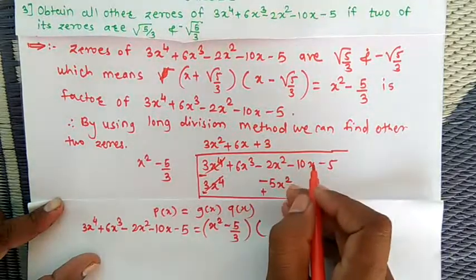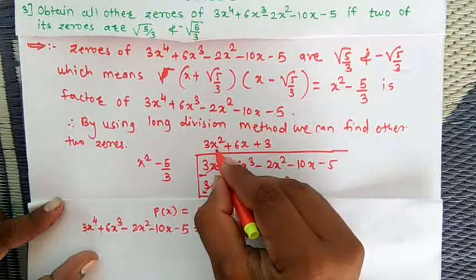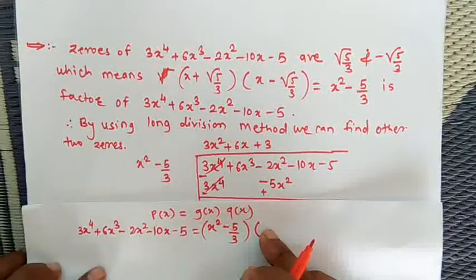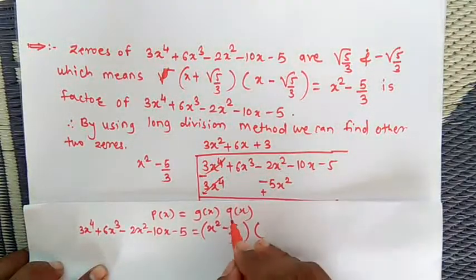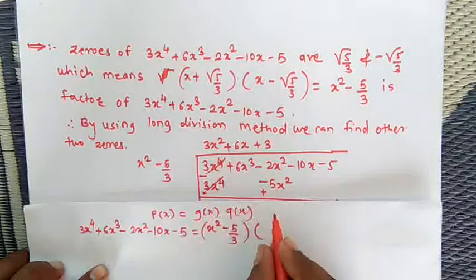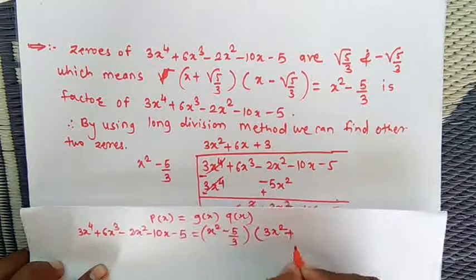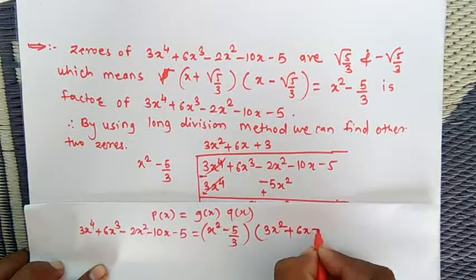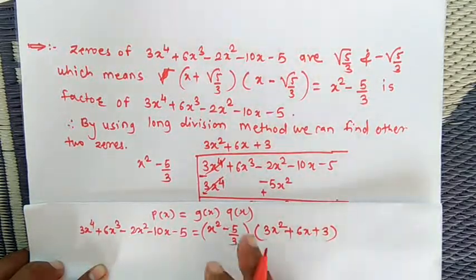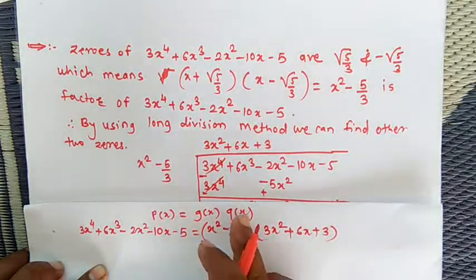And what is the q of x? Q of x is 3x square plus 6x plus 3.